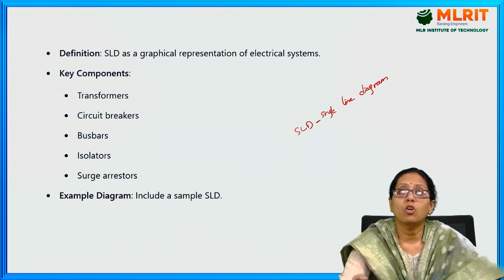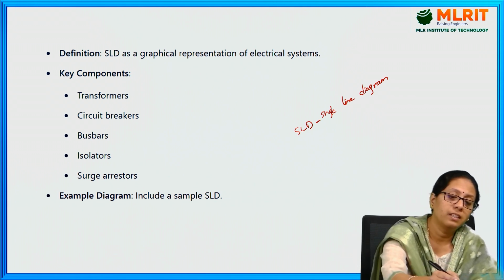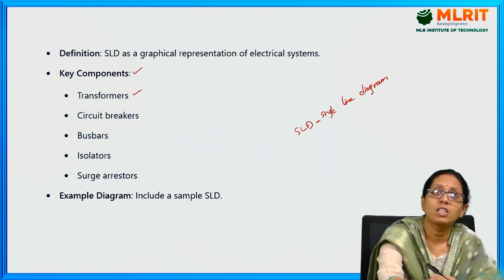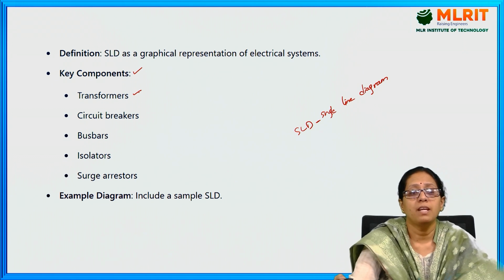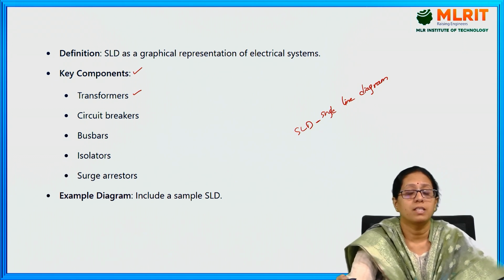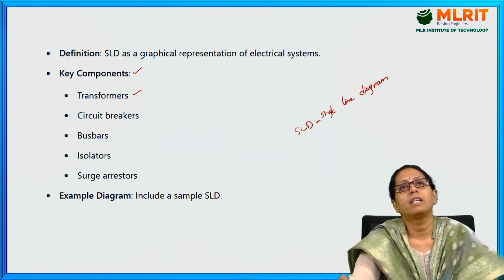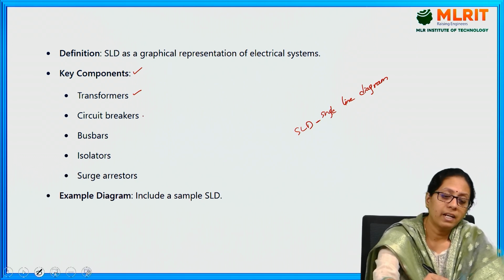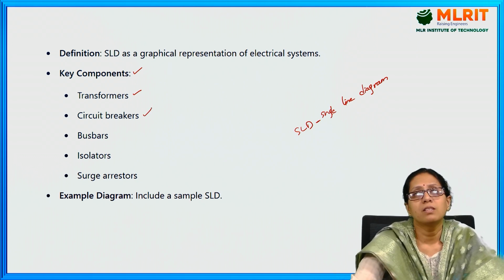Some of the key components which are mostly used in the single line diagram are, first one, transformers. That may be a step up transformer or a step down transformer, or it can be an isolation transformer also. Second one is circuit breakers.